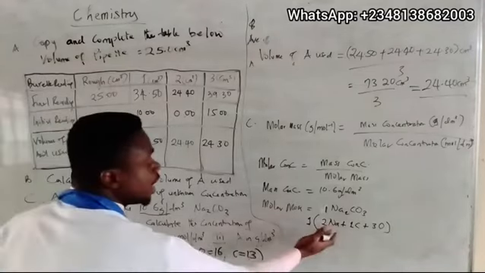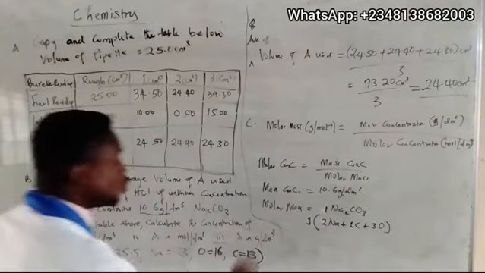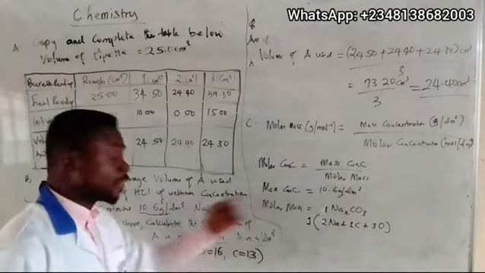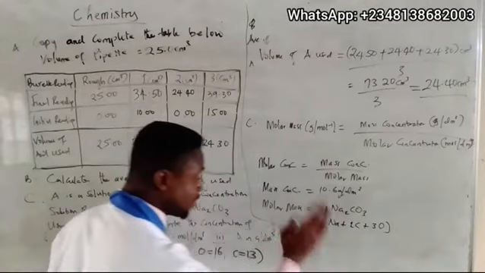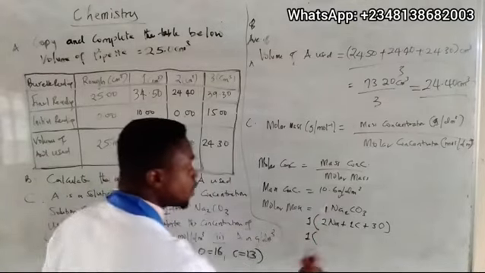So using the relative atomic mass of each of these atoms, we can now calculate the molar mass of the compound.